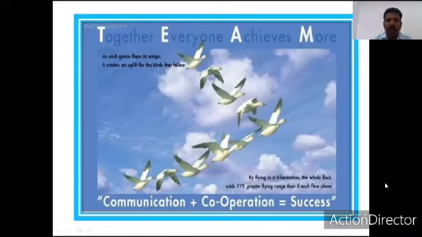Because individually we cannot achieve much. If you join together, you can make good sound, and you can do things better as well as in the shortest time, with more of the economics of scale concept. Communication plus cooperation is equal to success. So if we get together, we can achieve anything.